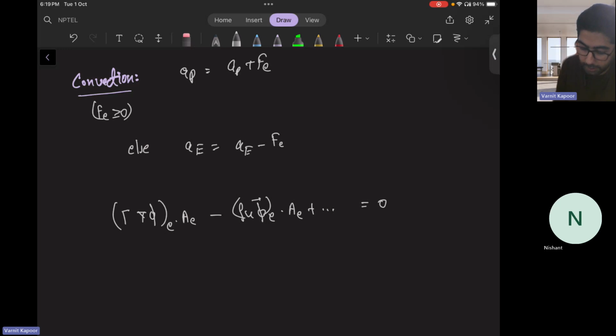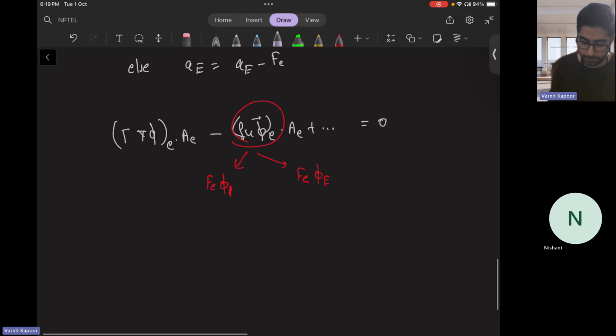That decides the value of this convection term. So phi east will be Fe phi P when the flow is from left to right, or it will be Fe phi E if the flow is from right to left, negative value of Fe. You understand? Similarly, you have Fw as well. This was for the east phase.